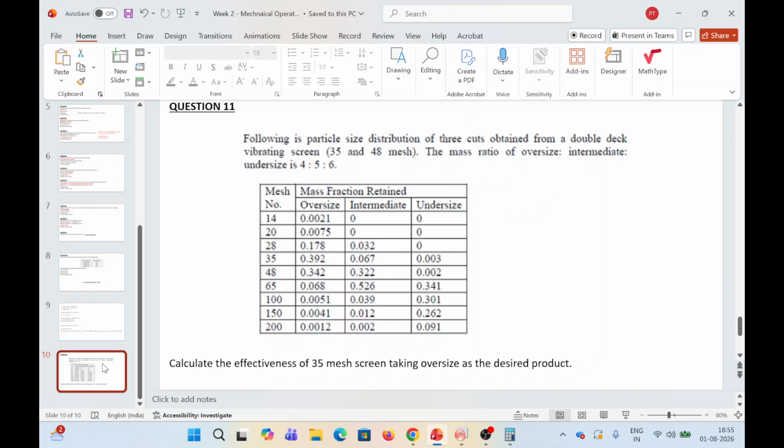The following is a particle size distribution of three cuts obtained from a double deck vibrating screen, 35 and 48 mesh. The mass ratio of oversize, intermediate, and undersize is 4 to 5 to 6. Calculate the effectiveness of the 35 mesh screen taking oversize as the desired product. How to solve? This is related to this week.